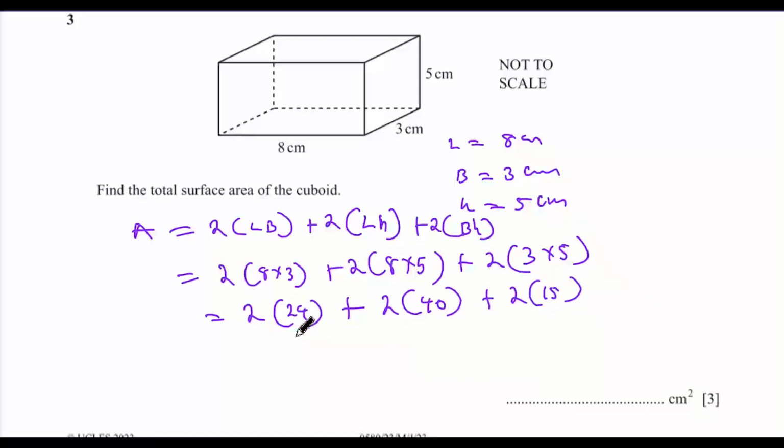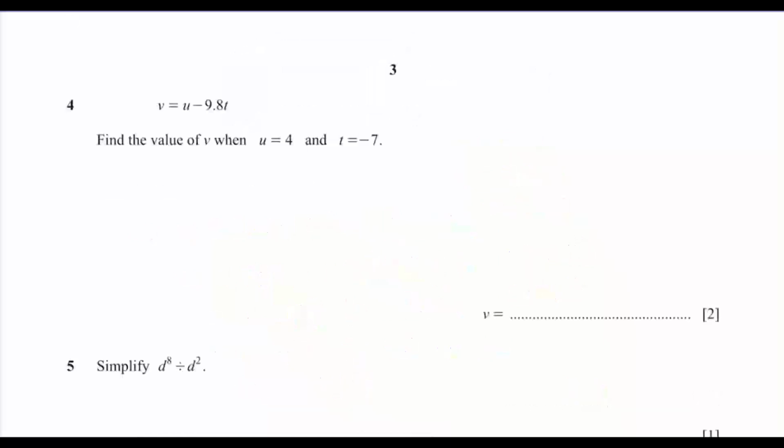So you can proceed by multiplying each of these by 2. So here you have 48, add 2 by 40 will be 80, then add 2 by 15, that will be 30. If you add these numbers together, that will be 158. So that means the total surface area of the cuboid is 158 squared centimeter. So let's go to the next question.